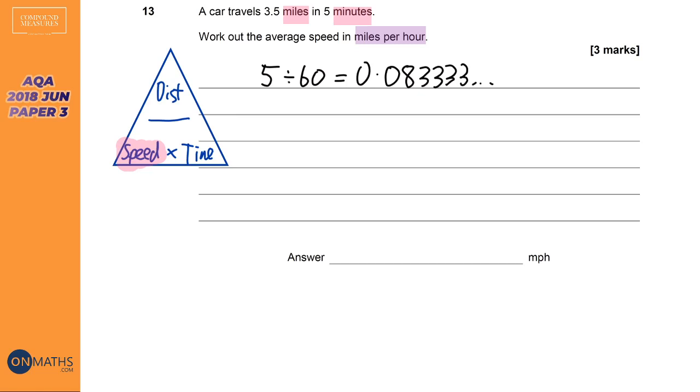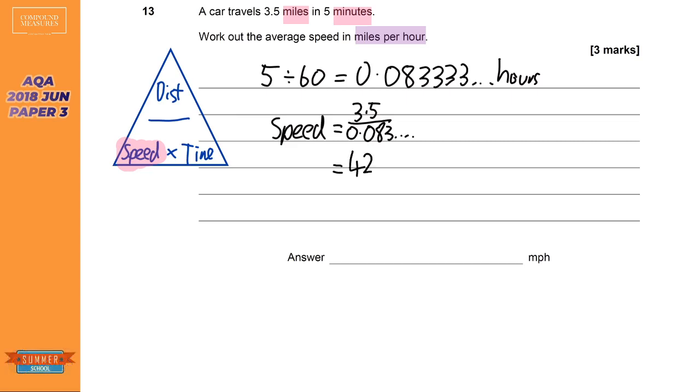Okay, now we use the formula. So speed equals distance, which is 3.5, over time, which in hours is 0.083 and so on. So on the calculator, I'm going to keep the 5 divided by 6 answer, and all you need to do is press the fraction button, put 3.5 on the top, and at the bottom just click the answer button, and it will restore that answer in the calculator, and that gives me the answer of 42.